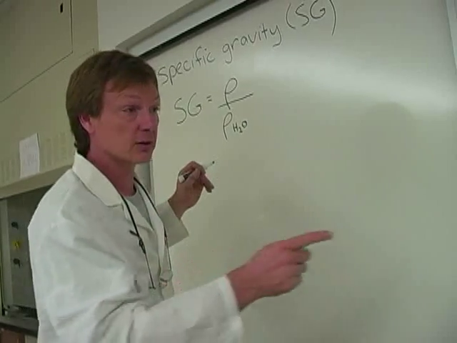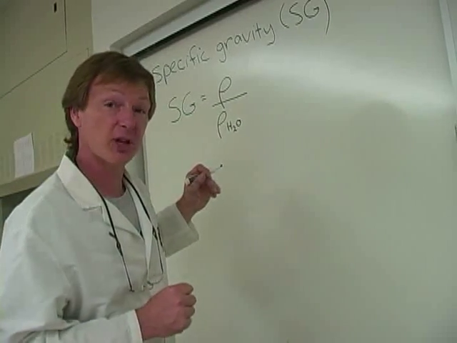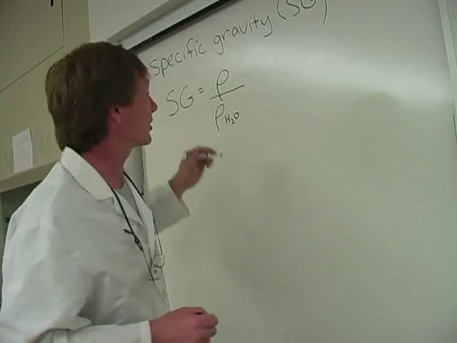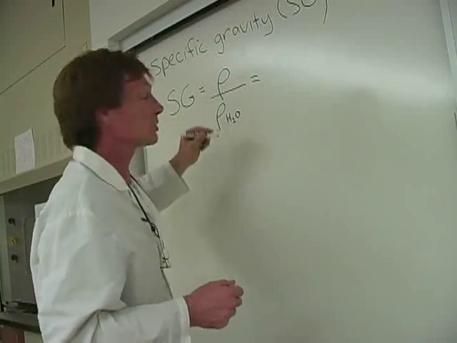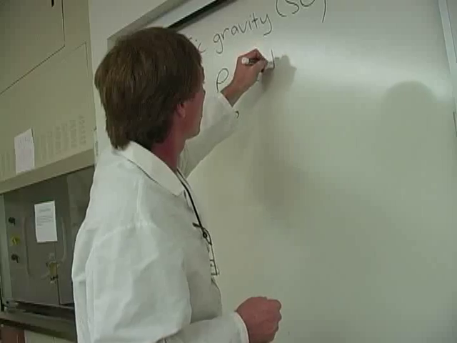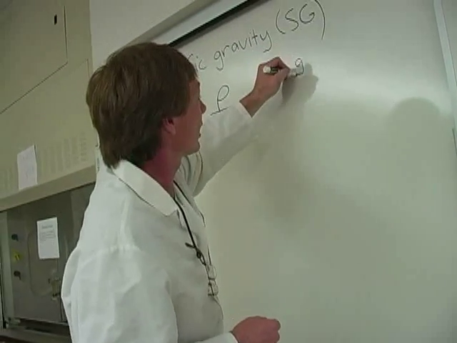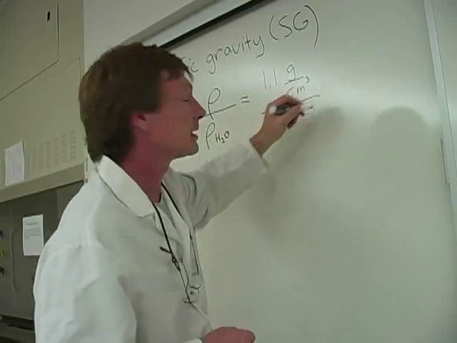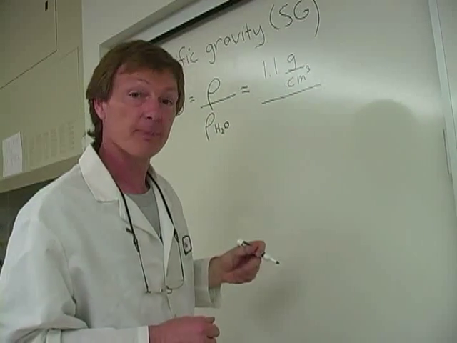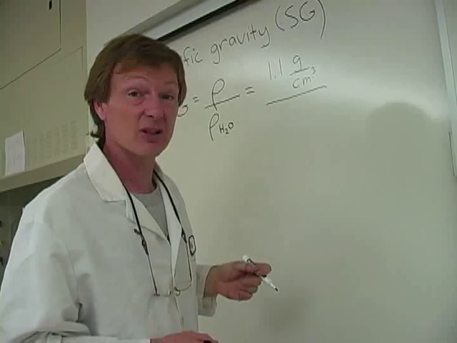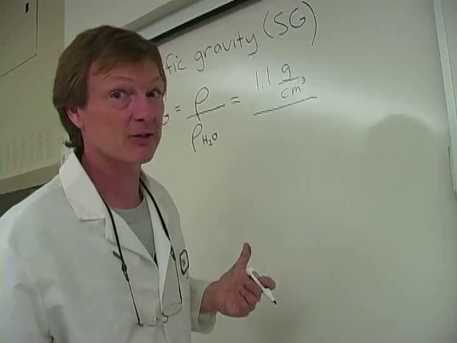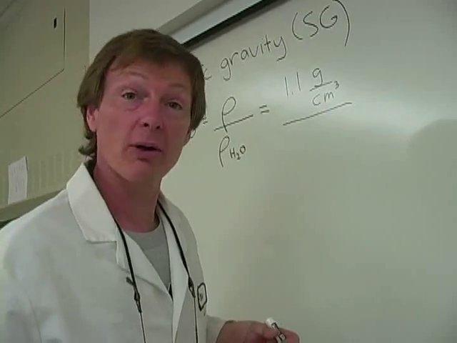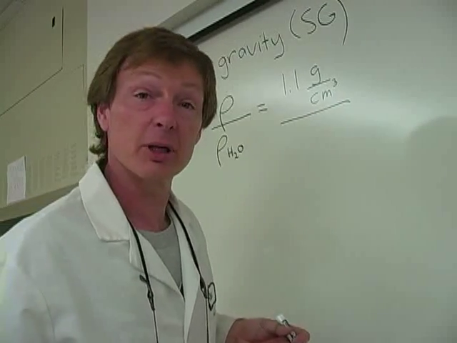Now in this case, I've got 1.1 grams per centimeter cubed. That's Geordie's mass density. So the specific gravity is going to be 1.1 grams per centimeter cubed divided by the mass density of water. It just so happens that the mass density of water, it doesn't just so happen, they planned it this way, is exactly 1 gram per cubic centimeter.